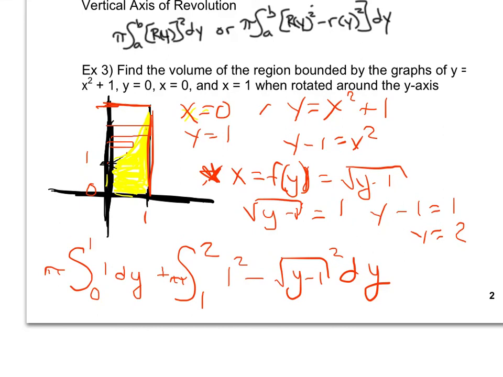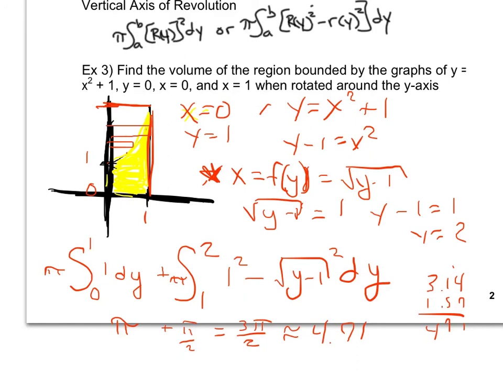In the front, I left it exact. I get pi, which is about 3.14, plus pi over 2. So I get 3 pi over 2, which is approximately 3.14 plus 1.57, about 4.71, depending on how you write it.